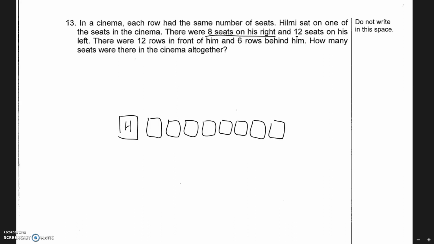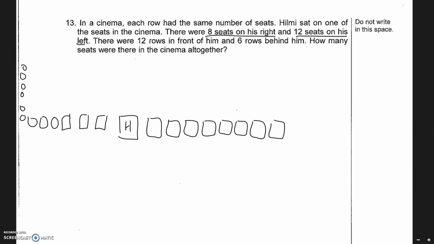And to his left, there are 12 seats: 1, 2, 3, 4, 5, 6, 7, 8, 9, 10, 11, 12.